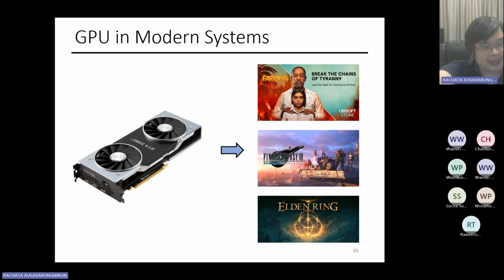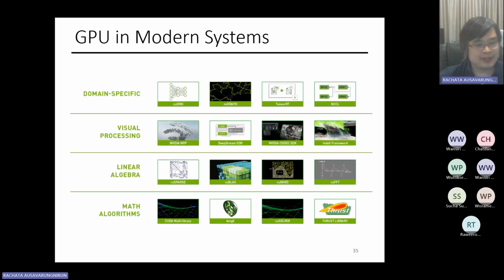And for you guys, you've heard by now that GPU can also run any general purpose application through CUDA, right? So now you can run a lot of domain-specific applications, machine learning, visual processing, linear algebra, and math algorithms on the GPU, and they're really, really, really fast.